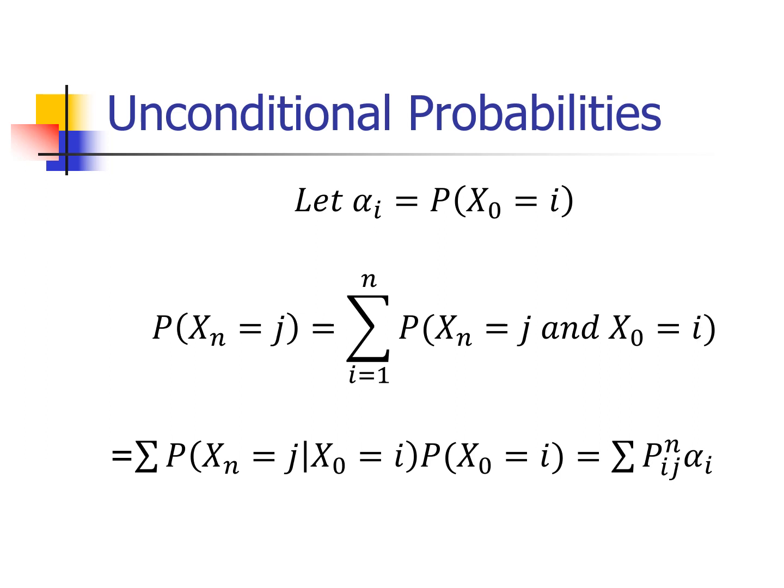Okay, so that's the n-step transition probabilities. Why do we care about those? We care about those because they let us figure out unconditional probabilities. This uses just some very basic fundamentals of probability.